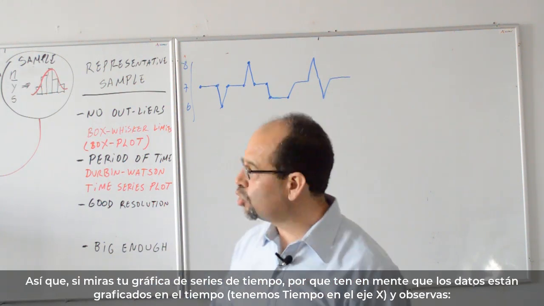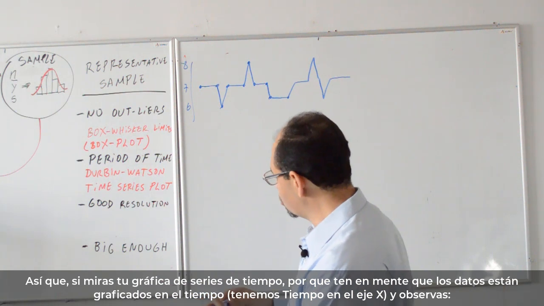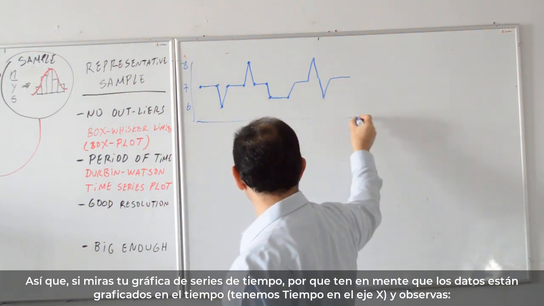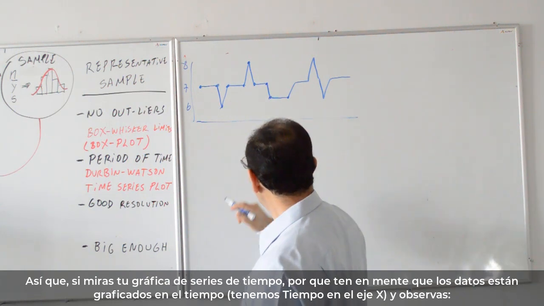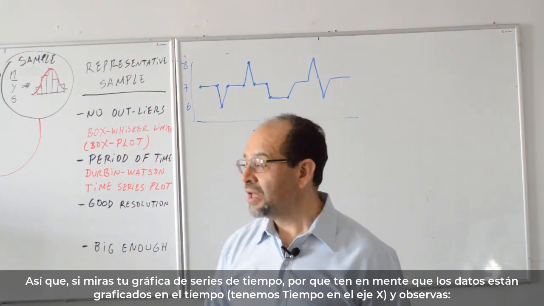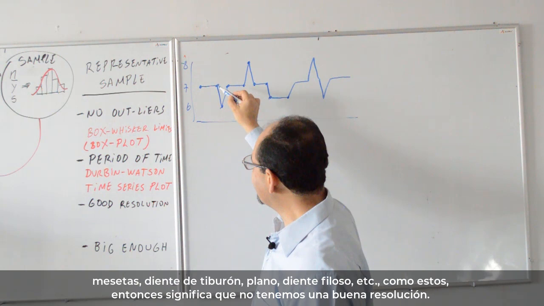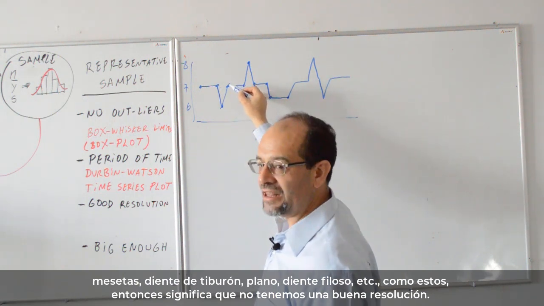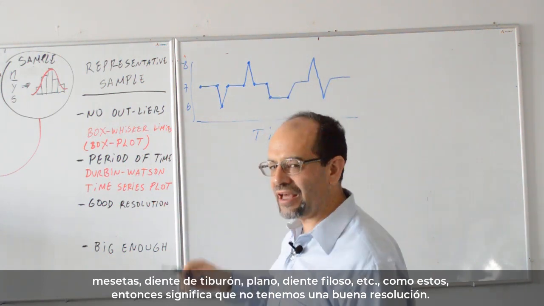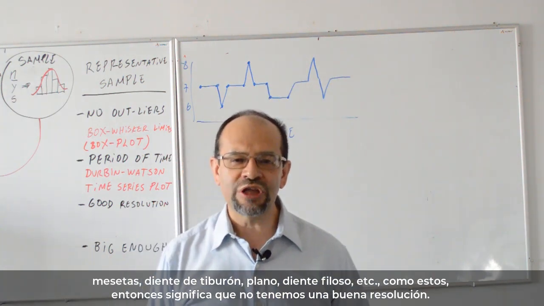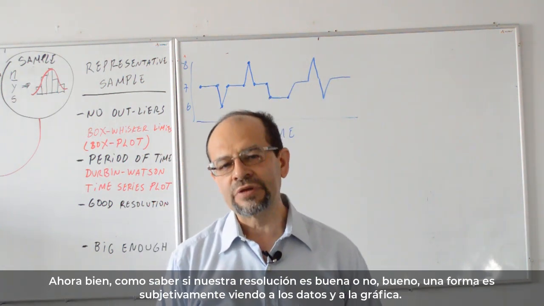So when you look at your time series plot, because keep in mind that this data is over time, and you see flats, shark teeth, flats, shark teeth, something like that, that means that we do not have good resolution.